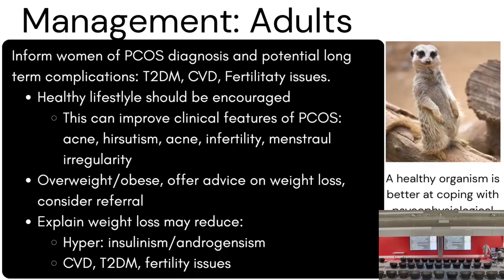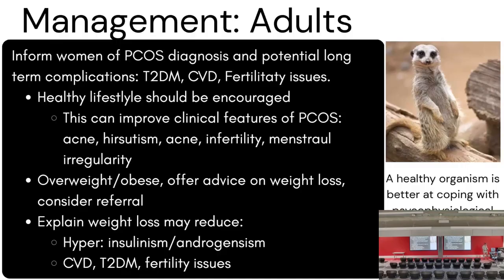If that central adiposity and dyslipidemia is not addressed, then we can see things like cardiovascular disease. Issues with excess amounts of testosterone, suppressed estrogen, having excess follicles, amenorrhea, oligomenorrhea can lead to potential fertility issues and an inability to get pregnant. So these are serious considerations.